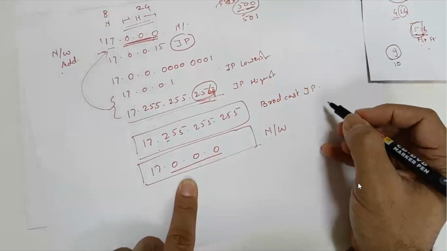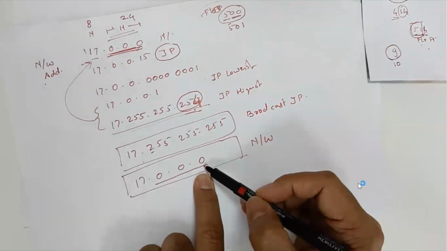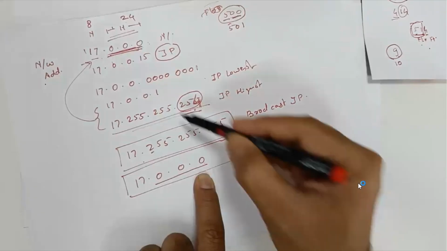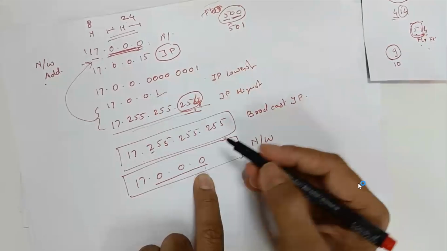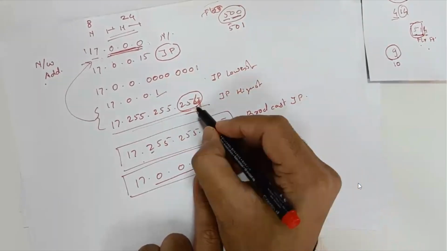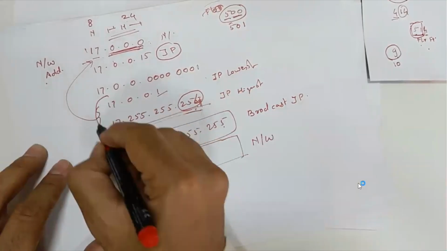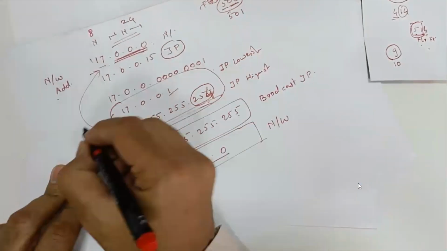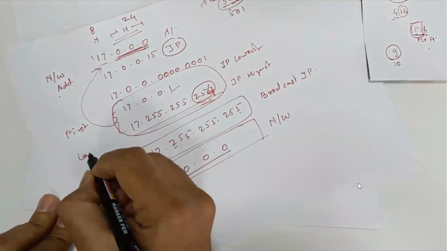And what are the remaining IP addresses? The IP addresses 1 greater than the network address, you can assign to machines, and 1 less than the broadcast IP address you can assign to machines. So this becomes the range of IP addresses: the first IP in the network, and the last IP in the network.